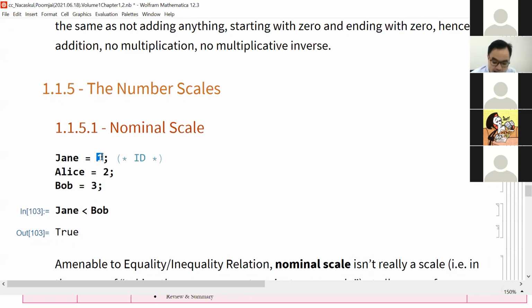If your ID is 55124 and your friend is 55107, and let's say this is just the order in which you came in, okay? And you want to know if Alice is a better person than Jane? The computer will say yes, but it's meaningless.